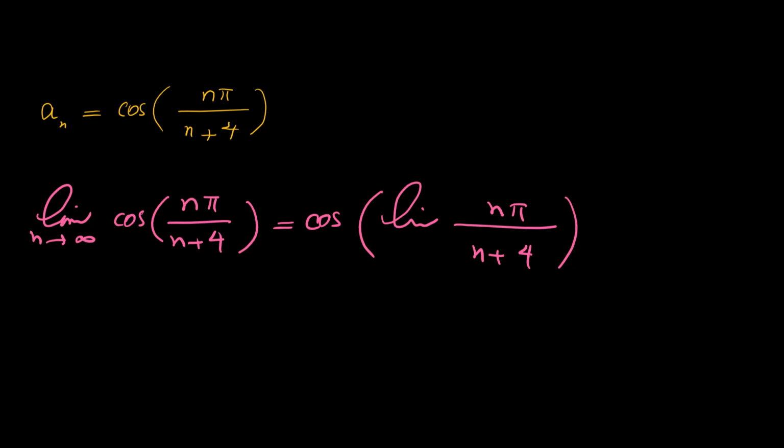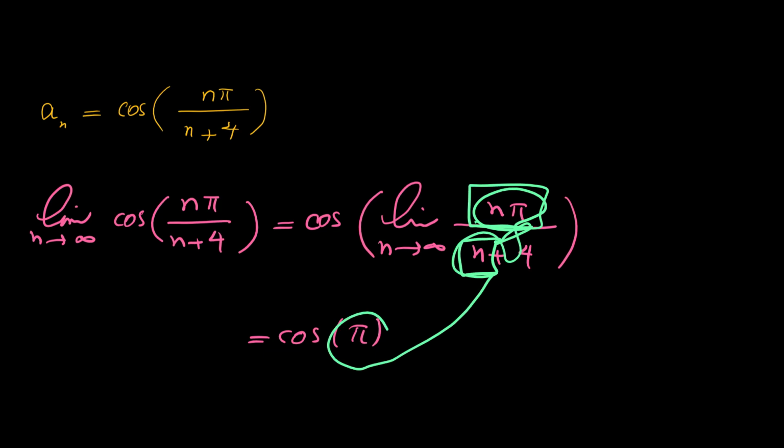Now, what is the limit of n pi over n plus 4? For finding this limit, you can use L'Hopital rule. You can use all the methods that we have learned so far. Limit of this expression is simply pi. For example, if you want to use the dominant term method, this is the dominant term, this is the dominant term, n pi over n is pi.